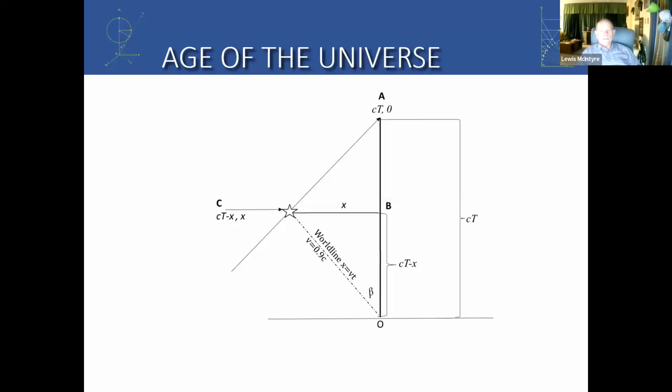But light did not leave the star 12.42 billion years ago, equating to cT minus x equal to 15.38 billion years after O. That's our clock.